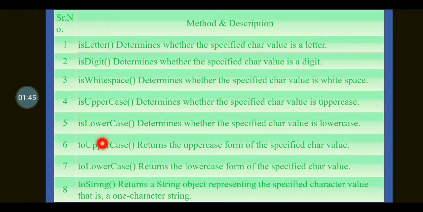And toUpperCase() is used to convert the particular character value into uppercase. Similarly, toLowerCase() is used to return the specific character value in lowercase letter. And toString() is used to return the specific character value in a string format.